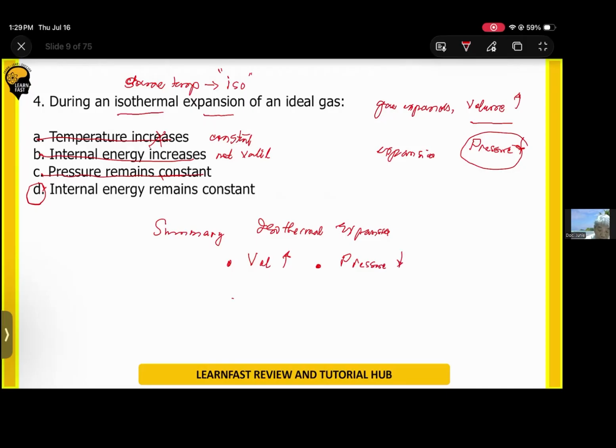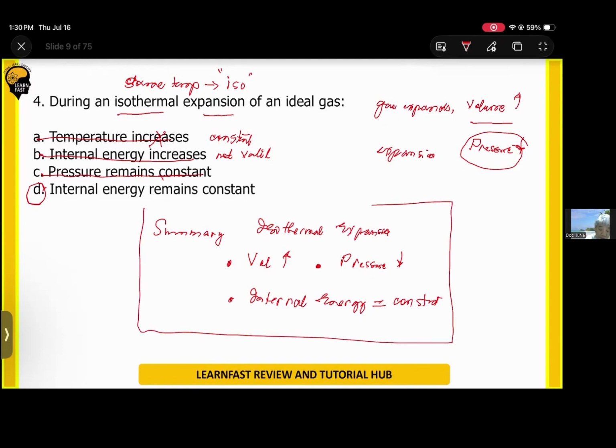And finally, the internal energy will be constant. So the answer is letter B. So remember this useful tip. Then we go to number 5.